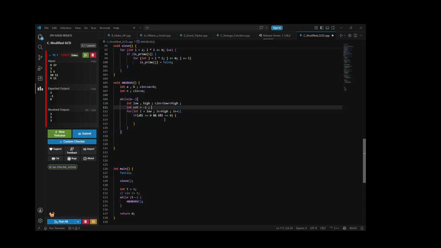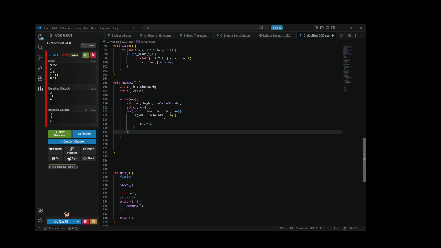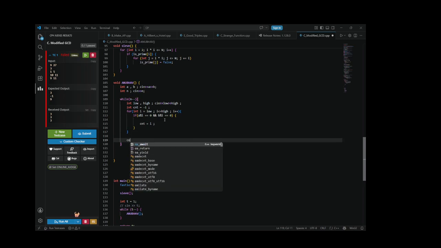Initialize it to -1 because when no divisor is present, we need to print -1. So we'll update cnt as i, keep updating it, and it will automatically get updated to the largest possible value. And then we print it.